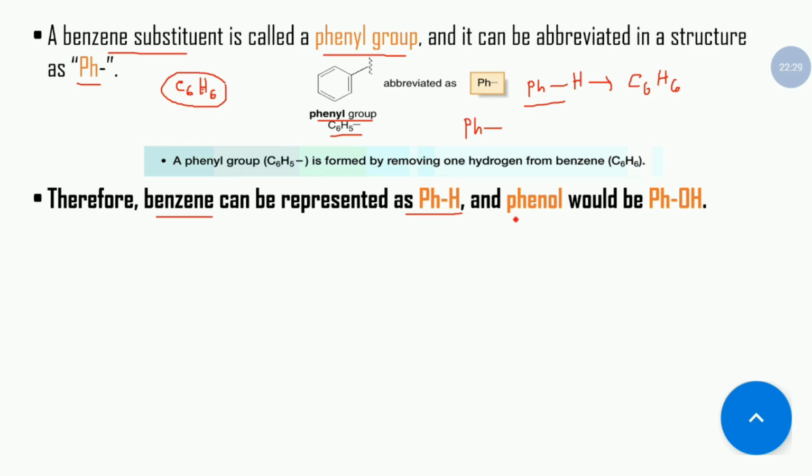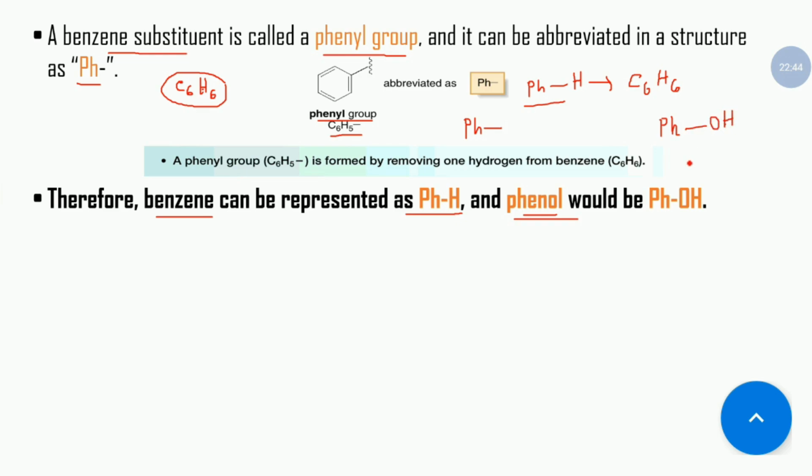And for phenol, not phenyl, for phenol we write a benzene ring with OH, a hydroxy group, so we can write Ph single bond OH.